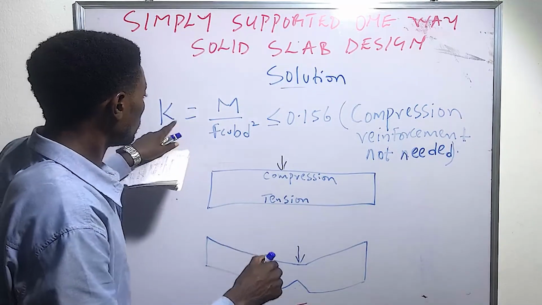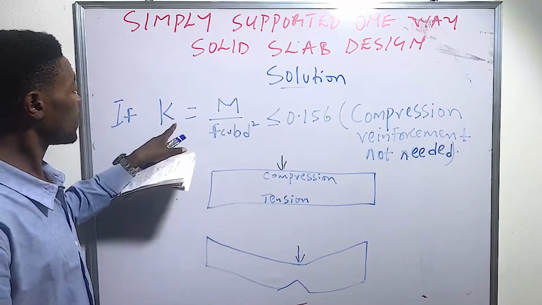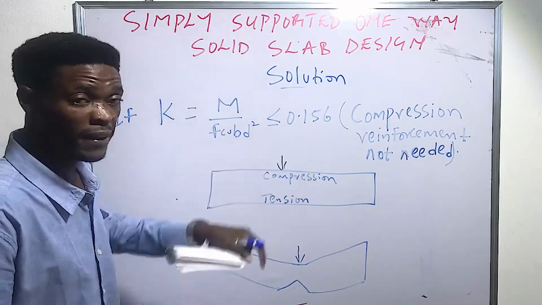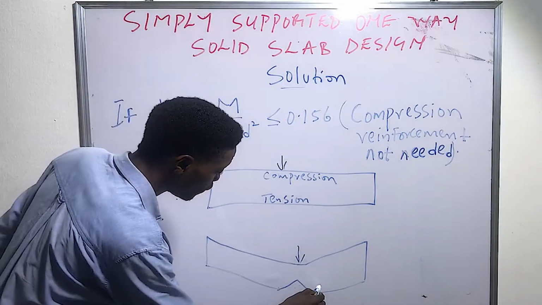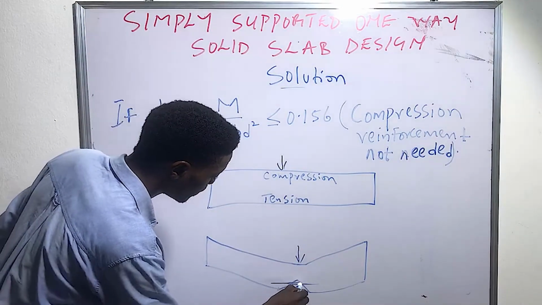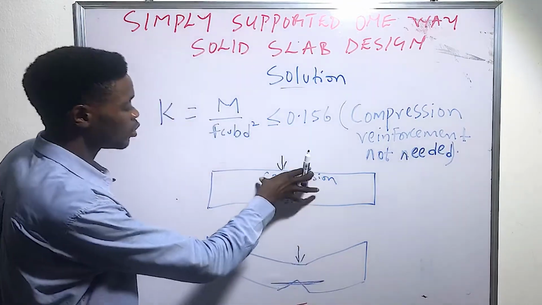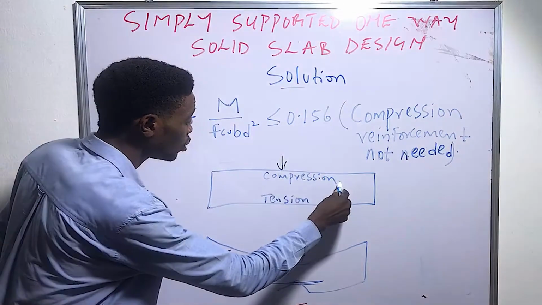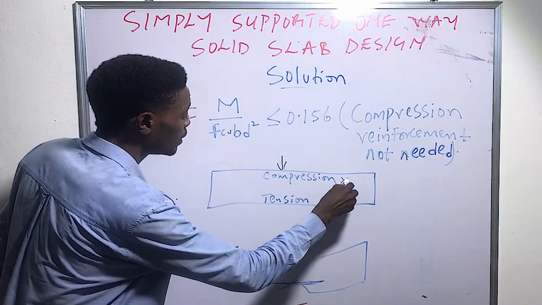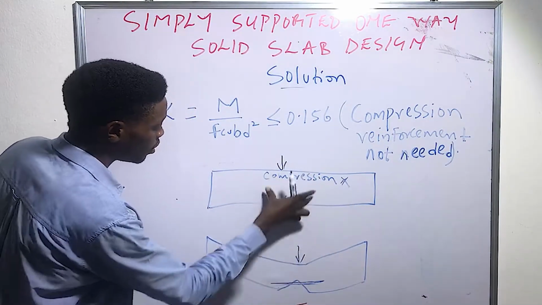This simply means that if K is lesser than or equal to 0.156, we are only going to provide tension reinforcement at this place. That will be sufficient to keep this slab in position. That means compression reinforcement is not needed.